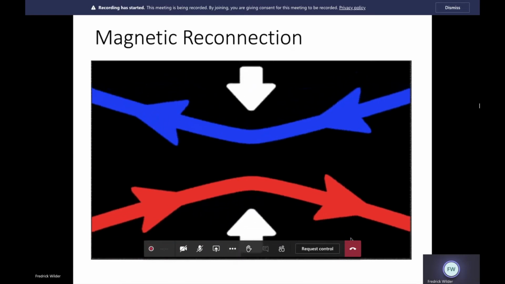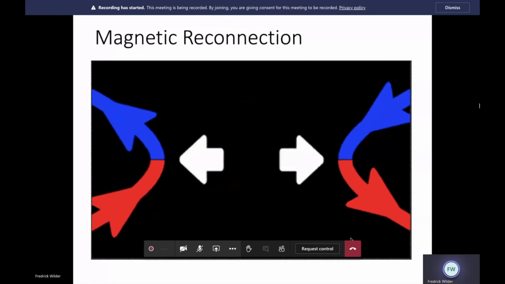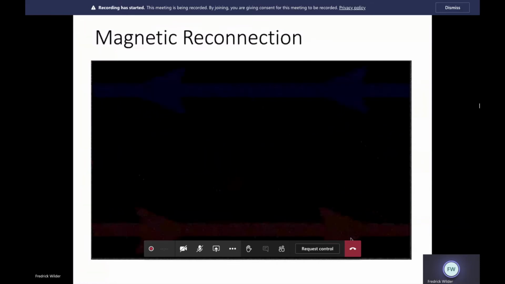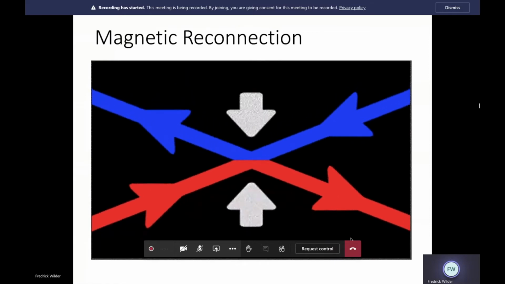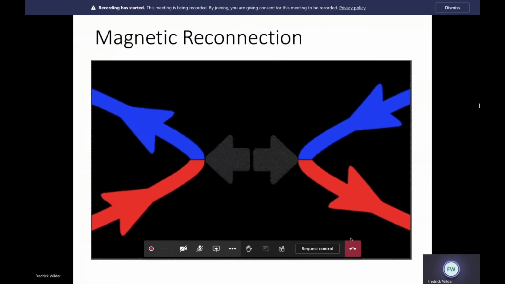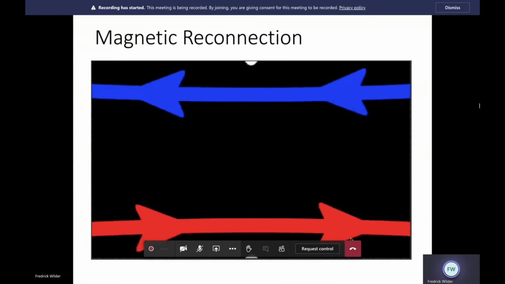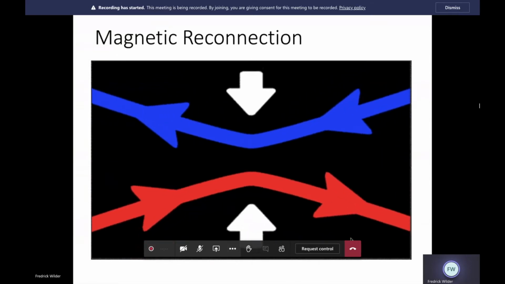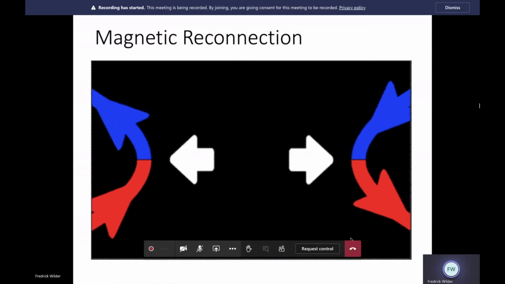So what is magnetic reconnection? In plasma physics, if we're looking at really low density collisionless plasma, like what we see in the solar wind and the Earth's magnetosphere, where the mean free path is so large that we just treat it as no collisions, the plasma will actually carry the magnetic field with it.